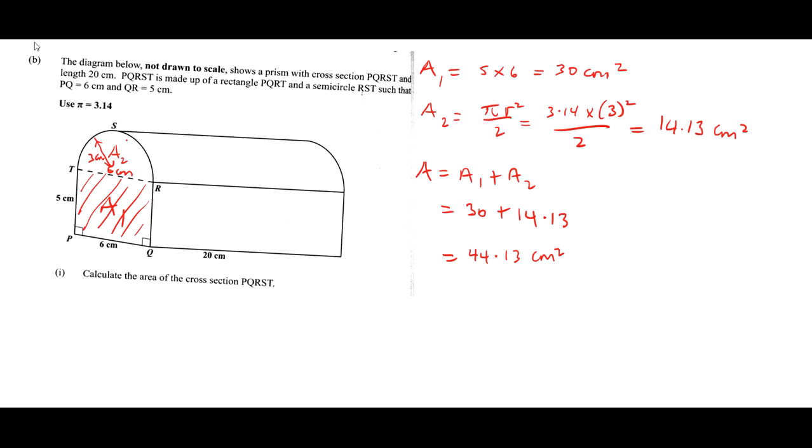And the last part of the question says an engineer needs a similar prism whose volume is not to be more than 900 centimeter cube. Estimate in cm the length of the longest prism that can be used. Now, if we go back to the figure, if we wanted to find the volume of this figure here, it's really this area here, what we just worked out, which is 44.13 multiplied by 20.